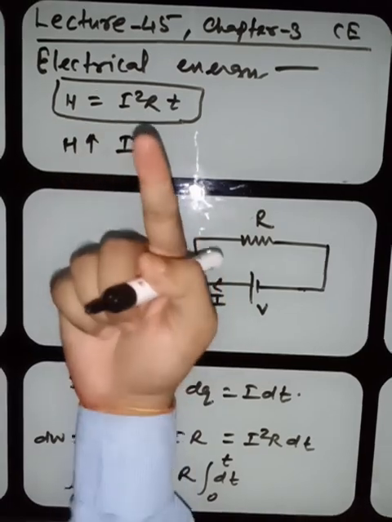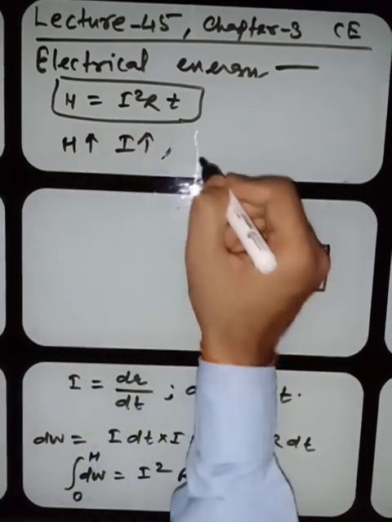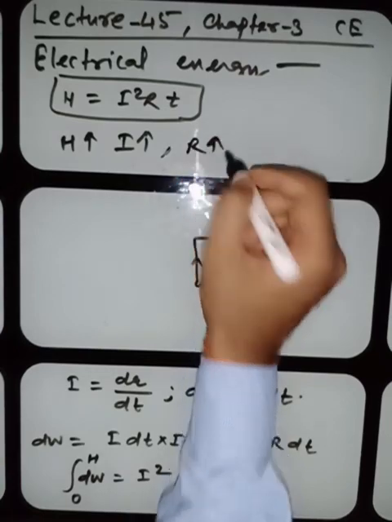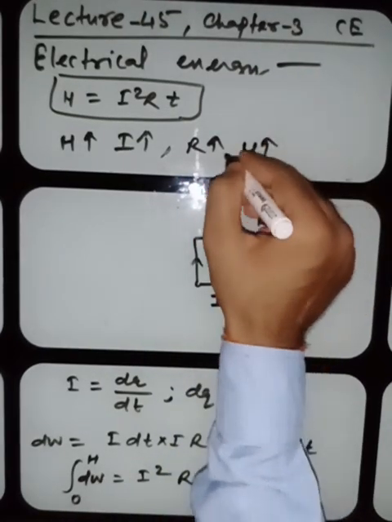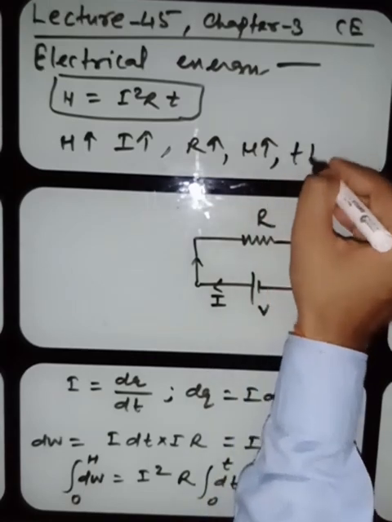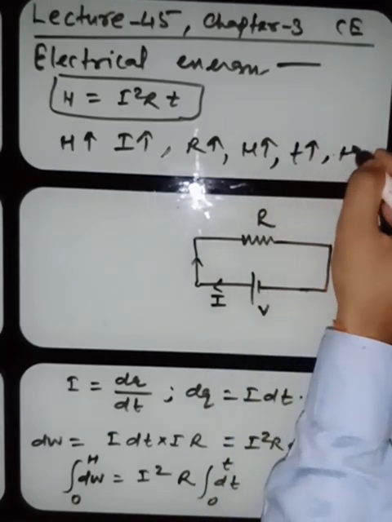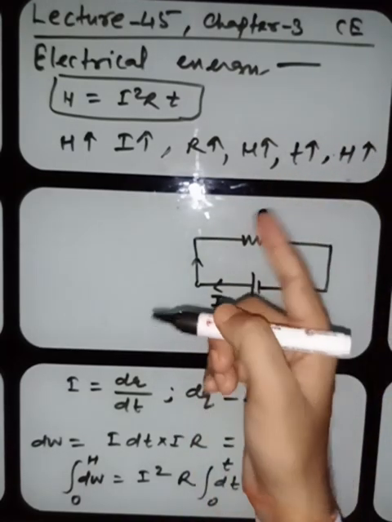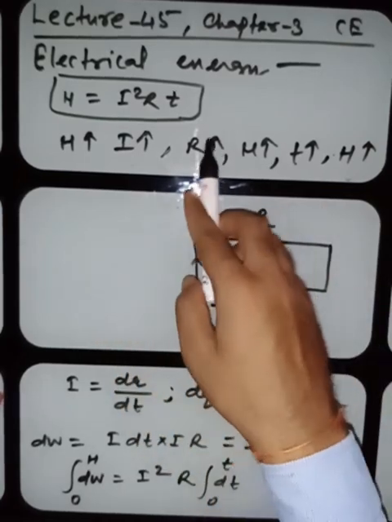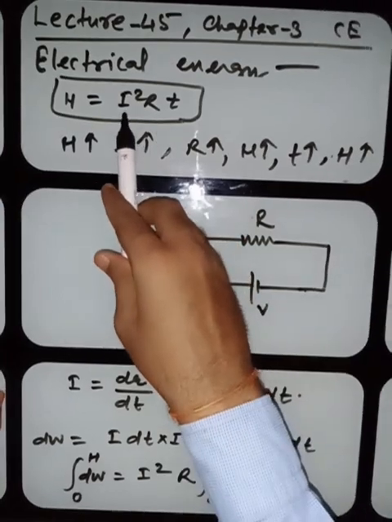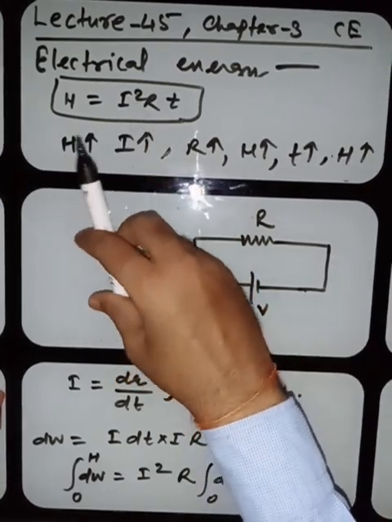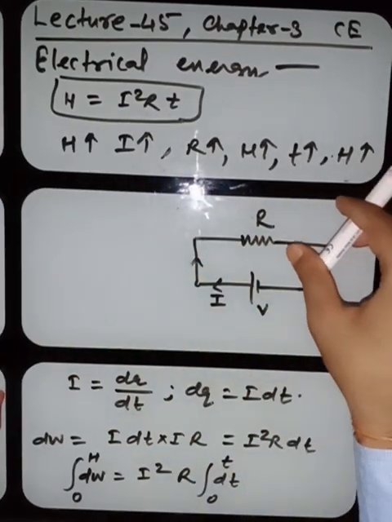As the current goes up, the heat goes up. As the resistance goes up, the heat goes up again, and as the time goes up, the heat goes up again. But there is a certain relation: heat depends on the current as the square, all right, and linearly on the resistance and time. This was Joule's law.